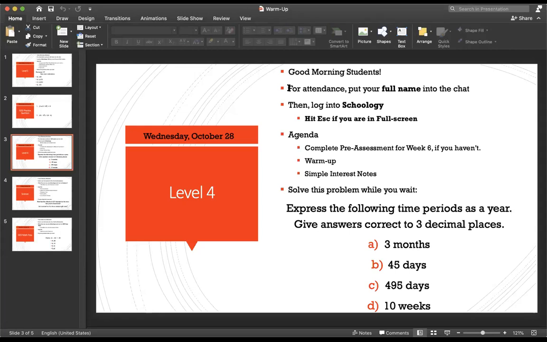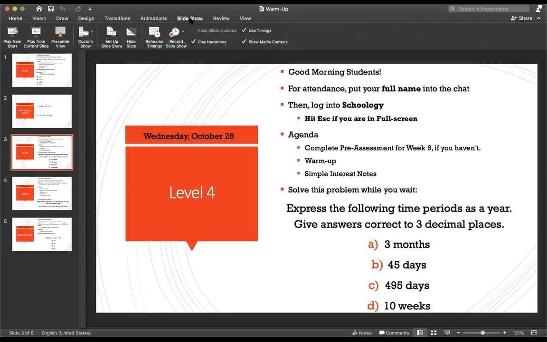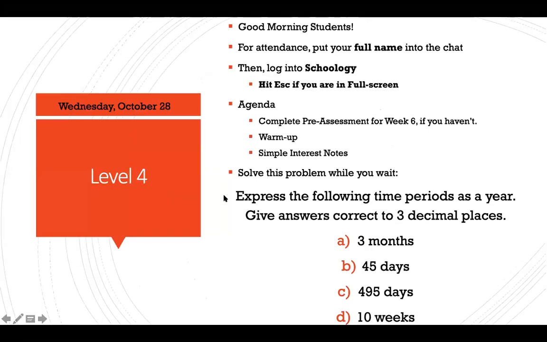So when we think about how much 3 months of a year is, we would just write that as a fraction, right? If we have 3 months out of the year, and we have a total of 12 months, it'd be 3 over 12, right?